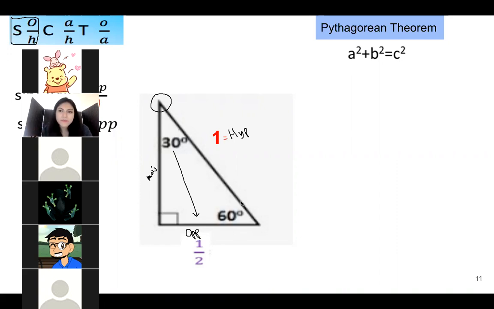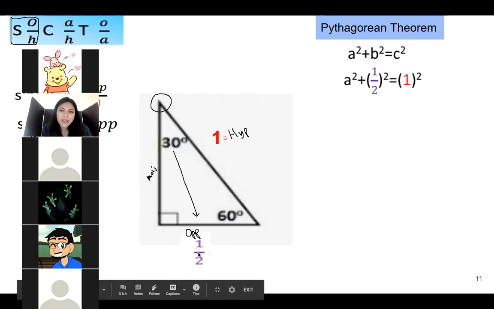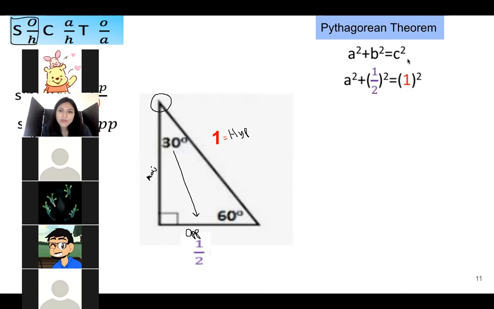If you'd like to, I'm going to go ahead and plug in next. My A is basically the adjacent side. My B, I plugged in as 1/2 because the opposite side was 1/2. And C, which is always the hypotenuse, I plugged in as 1. So I'm using the Pythagorean theorem right now to find out what A is. A is the adjacent side. I'm just re-emphasizing what I'm doing right now.